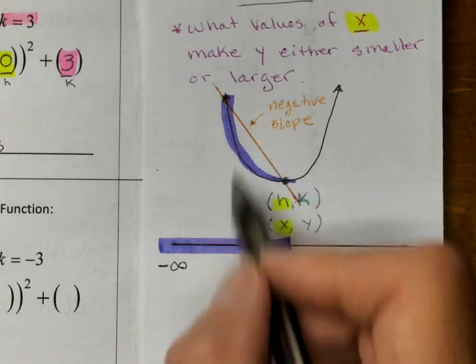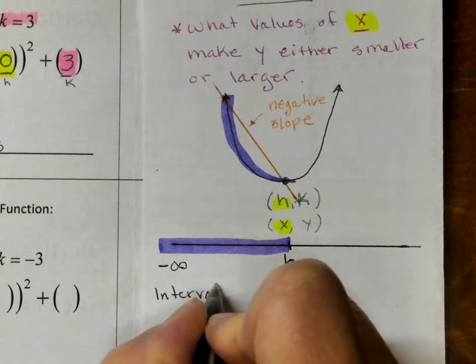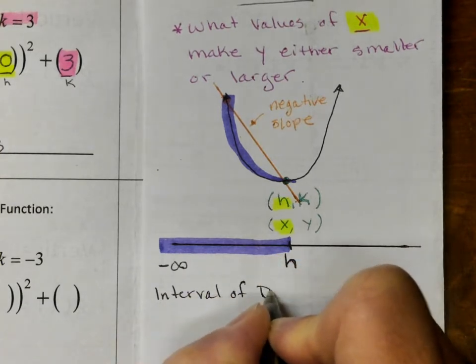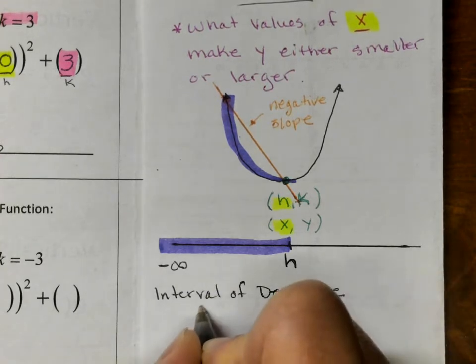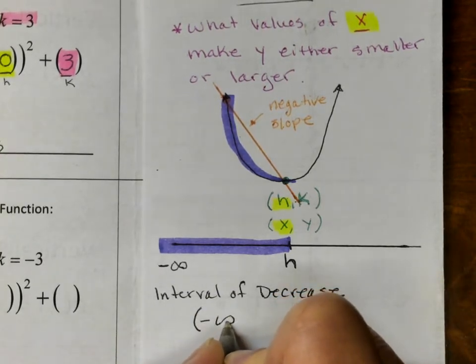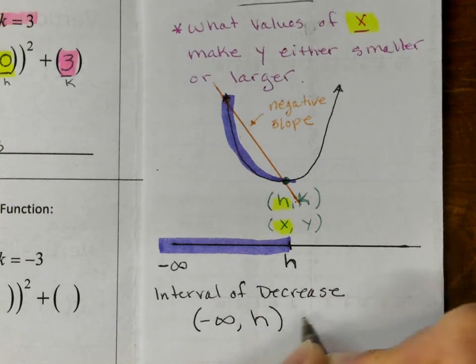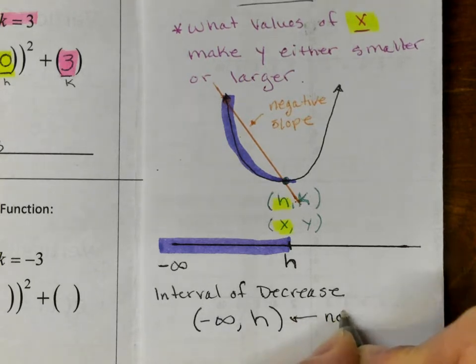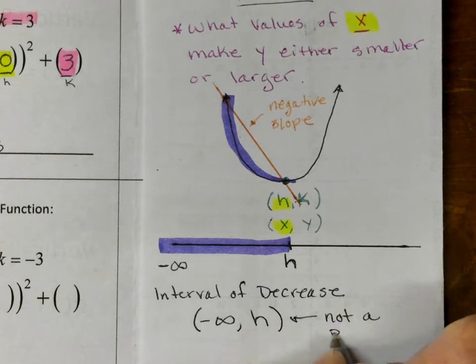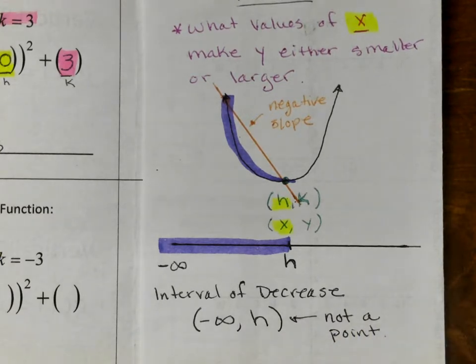This would be an interval of decrease, from negative infinity all the way to h. Okay, so this here is not a point. You can think of it kind of as domain, but it's not a point.